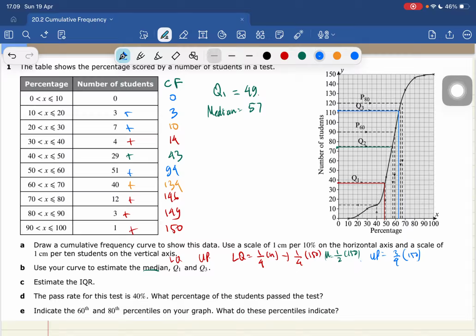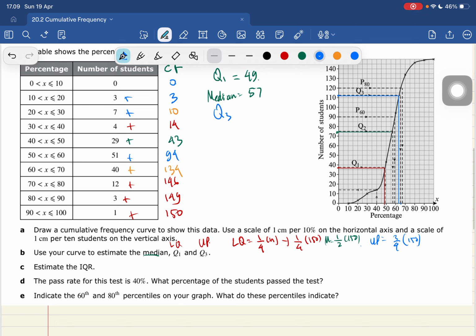Here it's approximately between 60 and 70, so quartile 3 is going to be 65. The interquartile range is quartile 3 minus quartile 1. So 65 minus 57 equals 16.